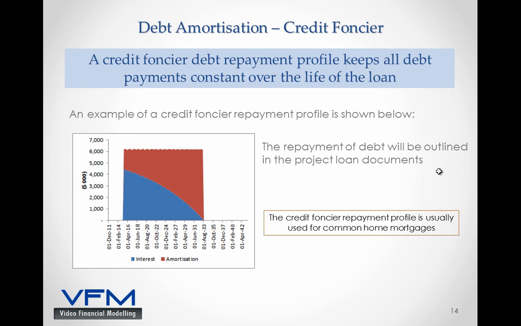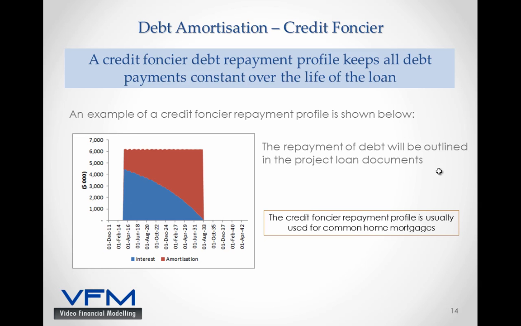You can use other instruments, but debt and equity are the primary instruments. We get to the end of the construction phase, and think of a toll road. We start to get traffic through and tolls being paid. At that point in time, usually we start to repay our debt.